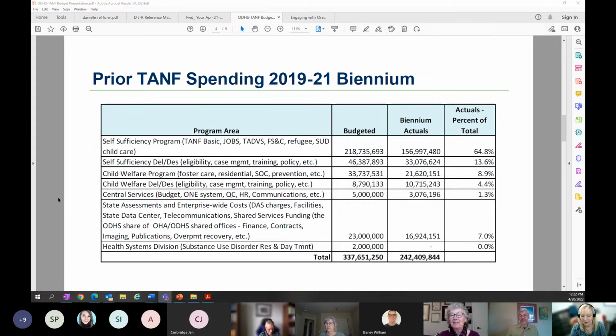That's my next note. So yes, you will notice that the actuals are quite a bit lower, somewhere around 95 million lower. And the main reason for that last biennium had to do with COVID and the fact that because of COVID, we had reductions in our TANF caseload. And also the child welfare caseload declined.